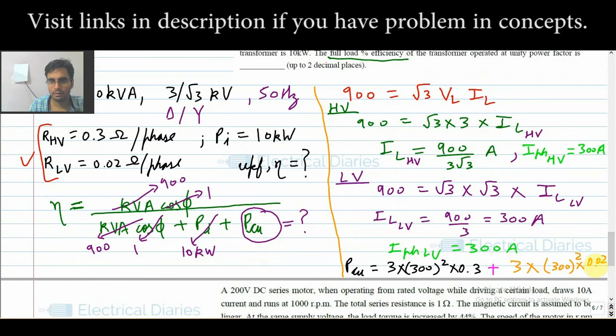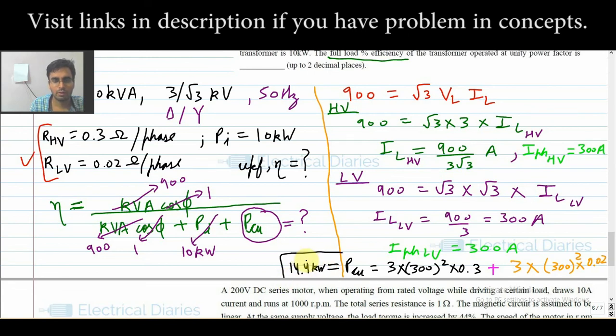So your copper losses will come out to be 14.4. On solving this, you will get 14.4 kilowatts.